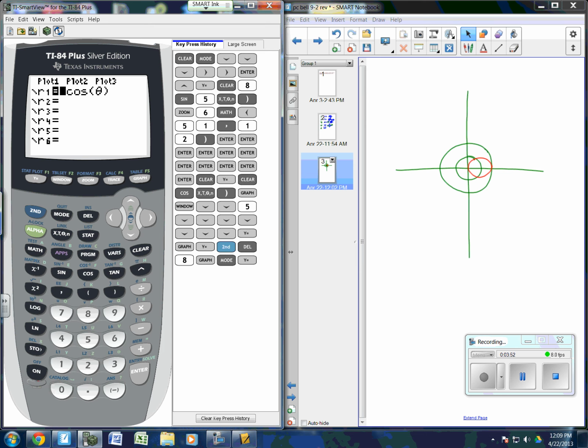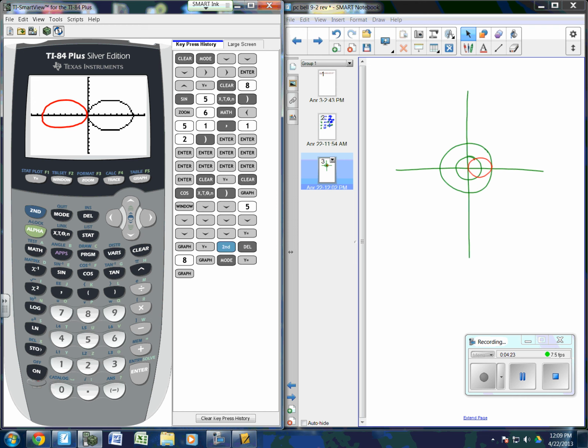Now, this is the next thing I want you to do. I want you to graph it so it has the same radius, but I want the circle to be over here. See if you can do that. I want it to be where the red one is. Okay, good job, Bryce.